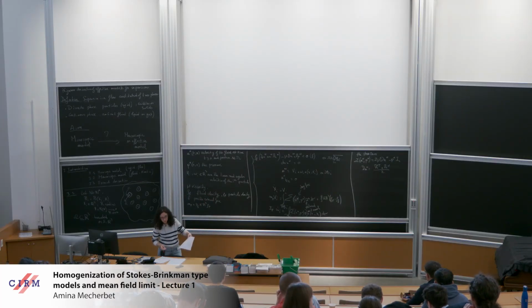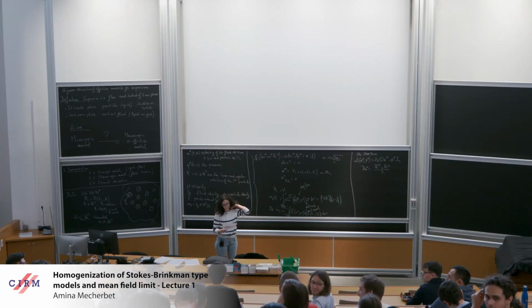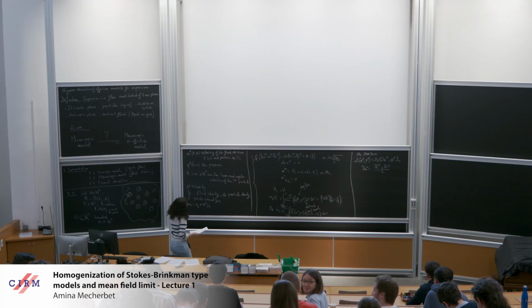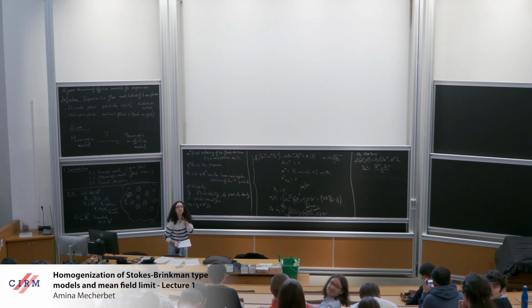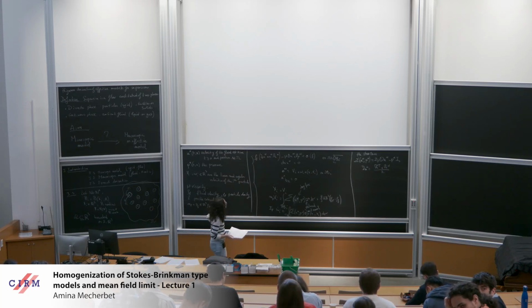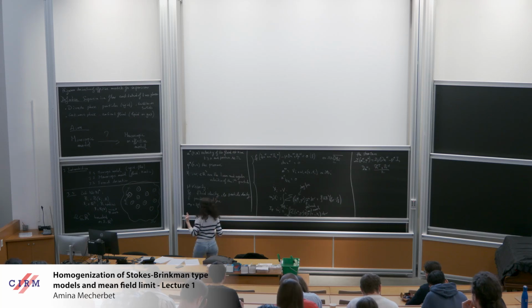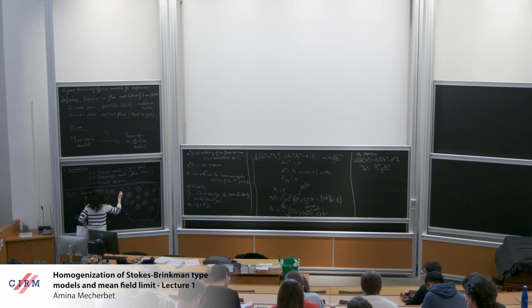Yes? So, sorry, my question is, does it imply that you don't have overlap of the particles? Yeah, so I forgot: Bi does not intersect with Bj for i different from j.